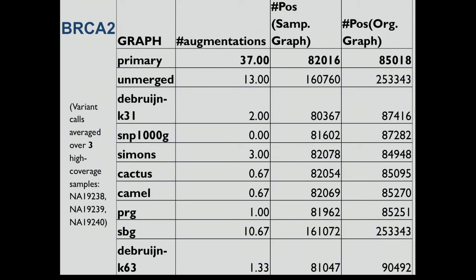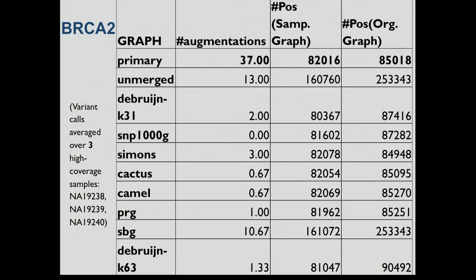So there was a little cheating on that one, but for many cases, the genomes that we tested on weren't. And so in order to interpret the genome NA19238, we will have to do a certain number of augmentations for stuff that we think is unique and wasn't in our graph.